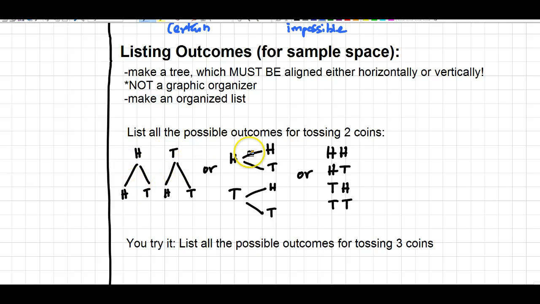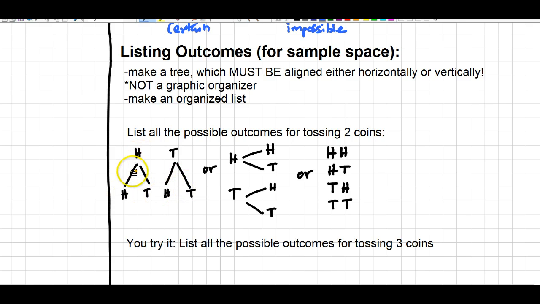So as you see here in the tree that I've made for listing out the outcomes for tossing 2 coins, start with coin number 1, and I list out the possibilities there, heads or tails. From the first outcome, there are 2 outcomes that could branch off of that for coin number 2. So if I get heads first, from there I could get heads or tails. If I got tails first, from there I could get heads or tails.